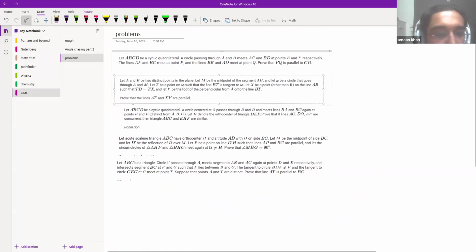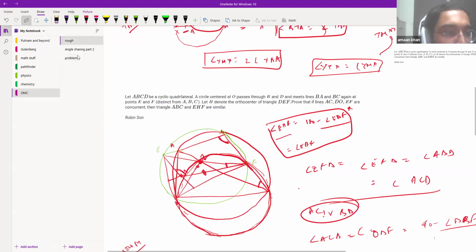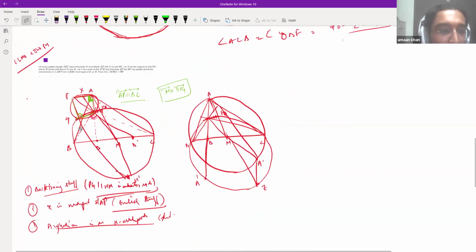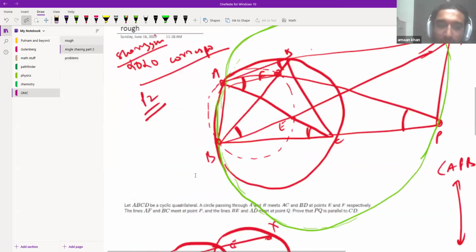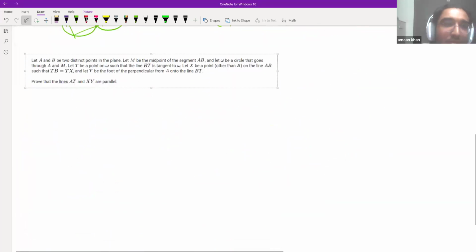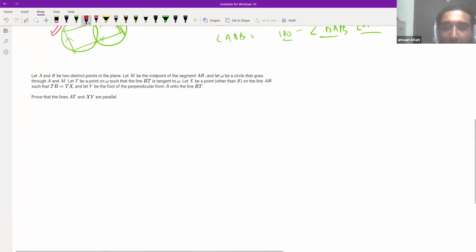So this is a slightly harder problem than the previous one. Please draw the diagram.